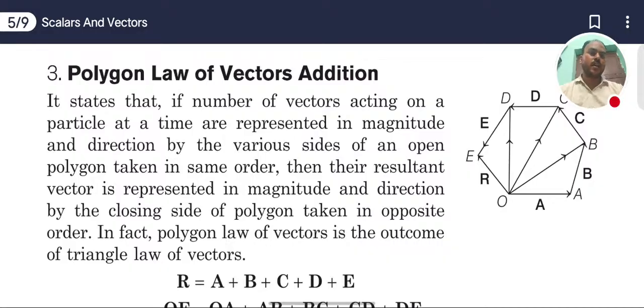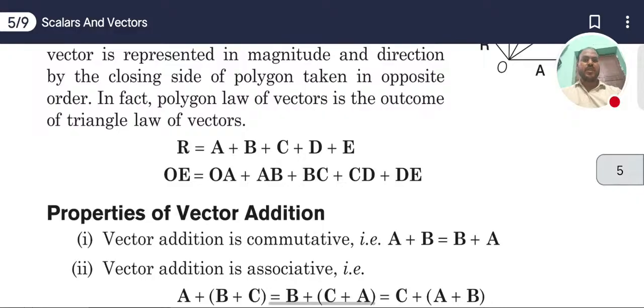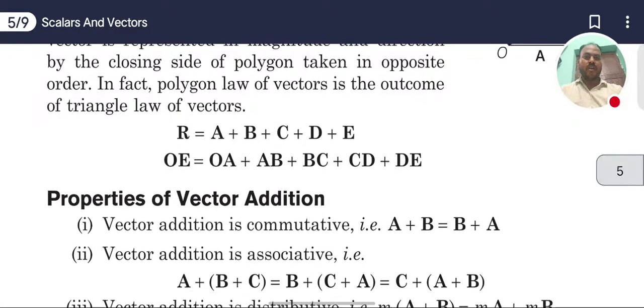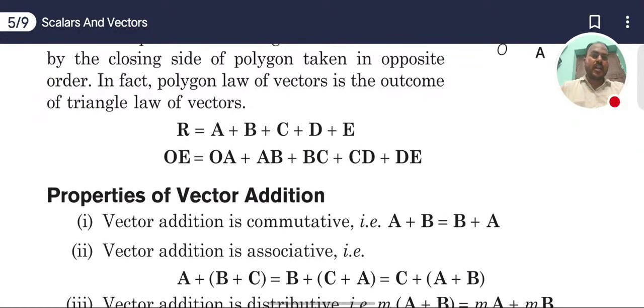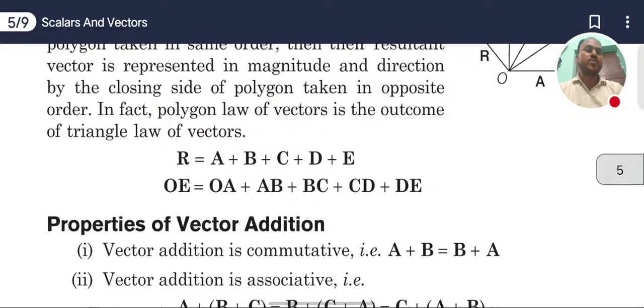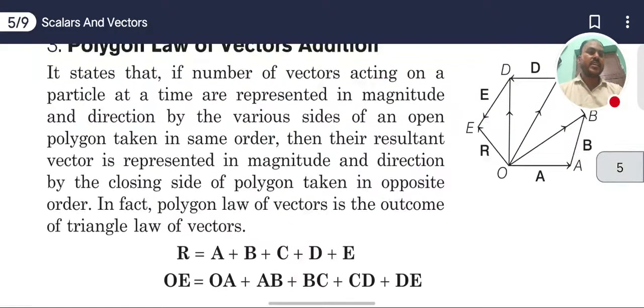But vector A and vector R have different directions because it is a closed polygon. So that's why the vectors are taken opposite to each other. R vector and E vector are opposite to each other in the polygon. Now here, capital R we are writing for the resultant. So capital R equals A plus B plus C plus D plus E, because the 5 vectors are here in the polygon.